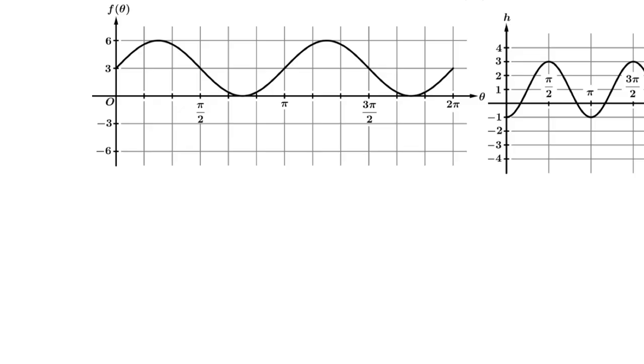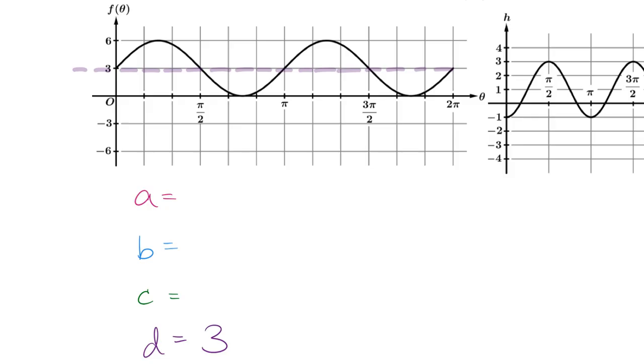I find it easiest to start by making sure you know where the midline is. It's 3. So I'm going to go with purple and a dashed purple line to show me the midline, which means if I know eventually I'm going to find the A, the B, the C, and the D, I know that D is equal to 3, right? Because my midline is at 3.